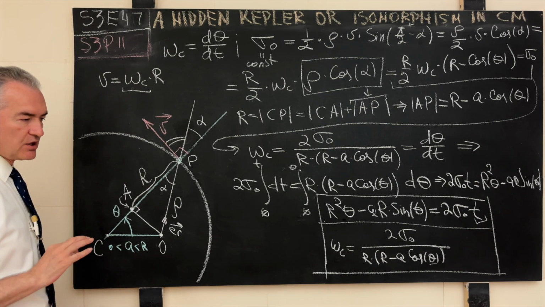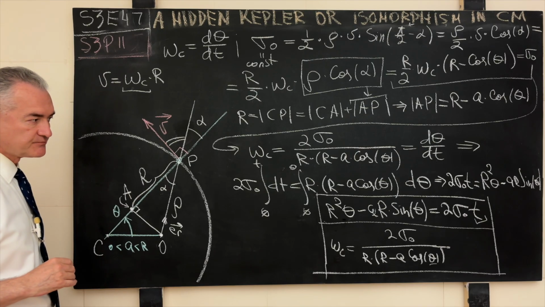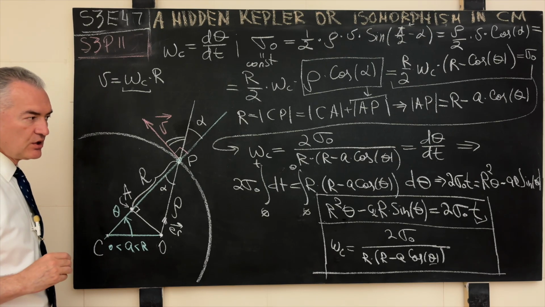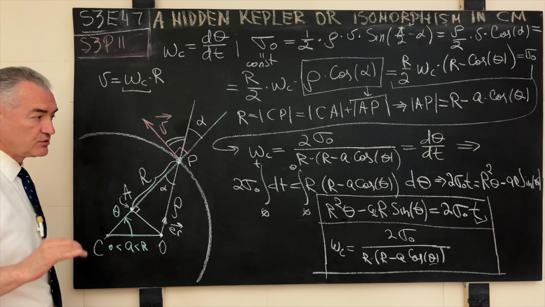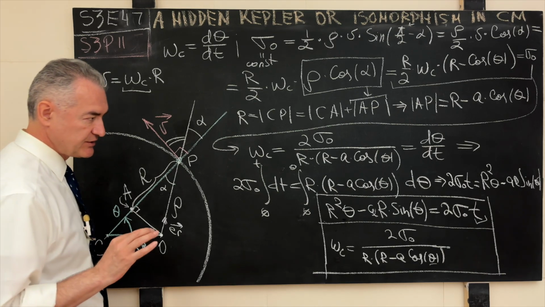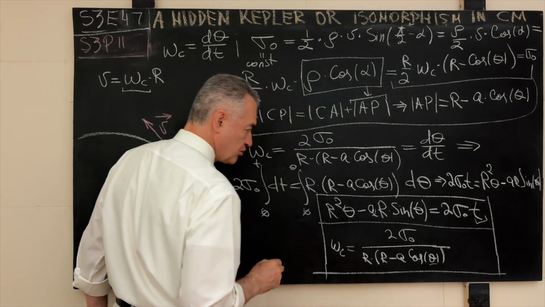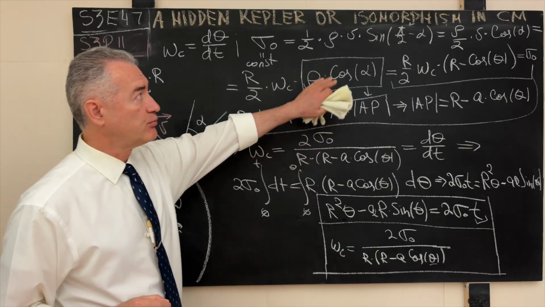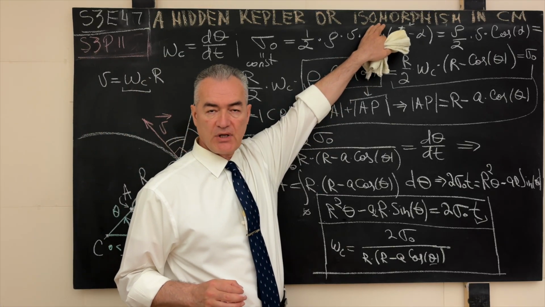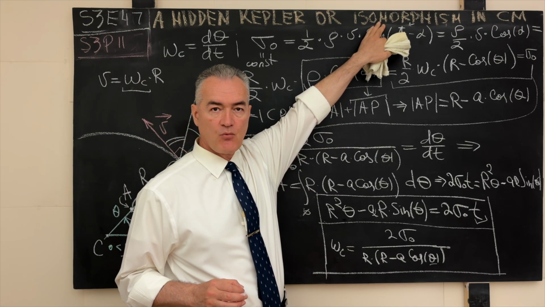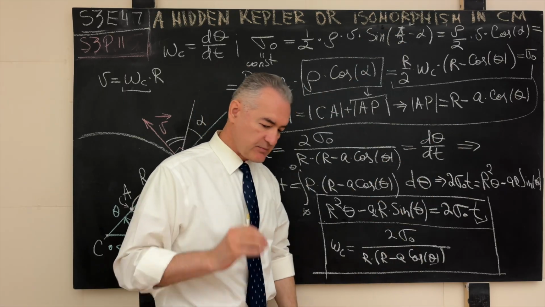We have to use numerical methods. And now, the next thing that we do depends on your personal problem-solving experience and knowledge of mathematics, but it is a maneuver which brings us precisely to the point of this episode, a hidden Kepler isomorphism in celestial mechanics.